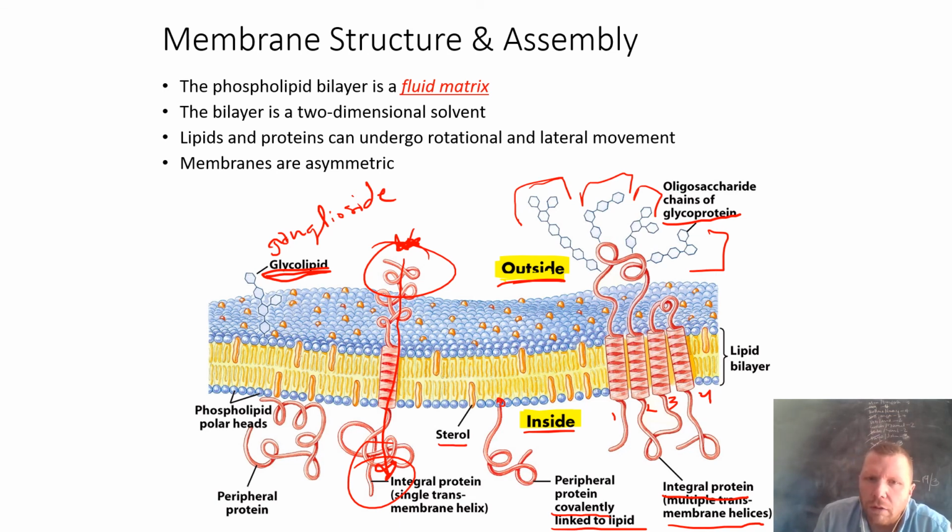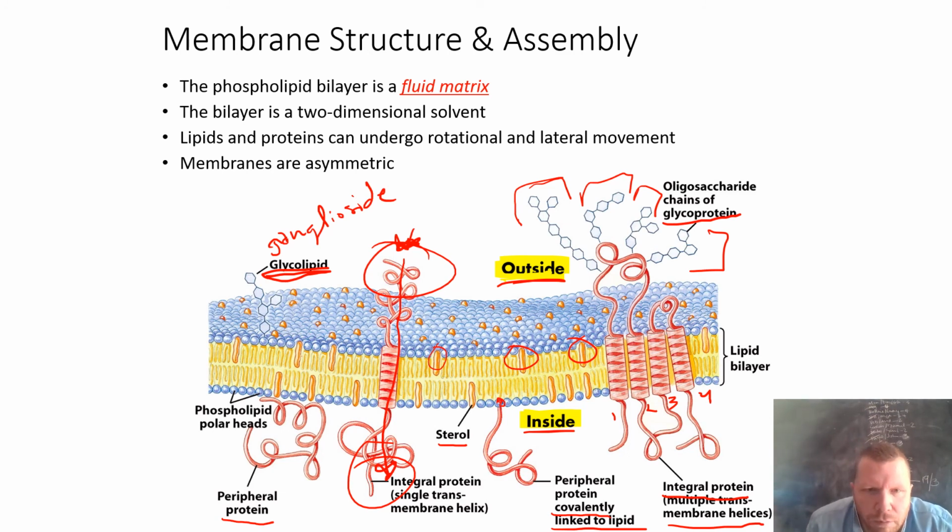We've got those sterols all over on the outside of the membrane as well. Then we've already talked about our integral single transmembrane helix protein. We've got another peripheral protein that's just associated with the membrane. Then we've got a phospholipid polar head group.